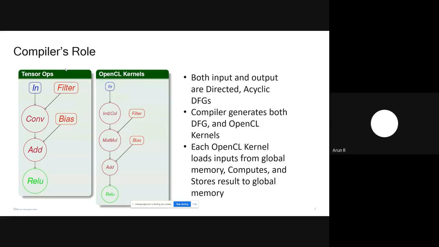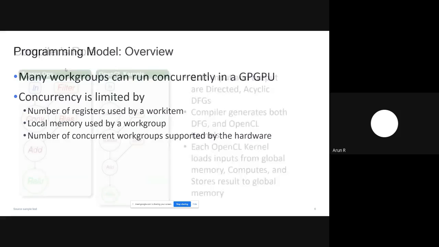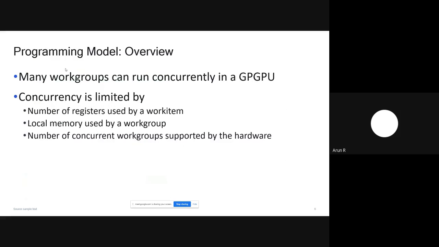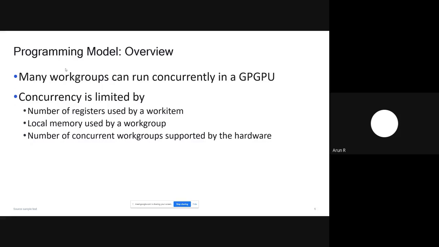So now we have an idea of the programming model, and we'll go to the details. One more thing I want to tell: we can only have reliable communication among the work items that are present in the same work group.